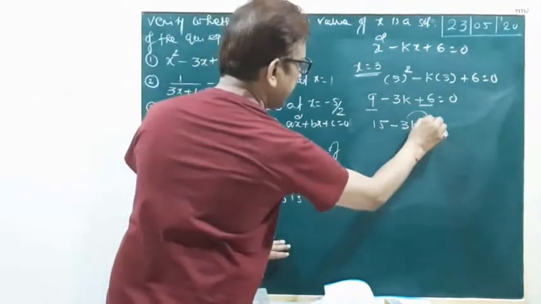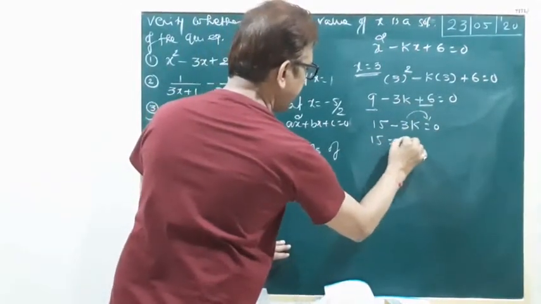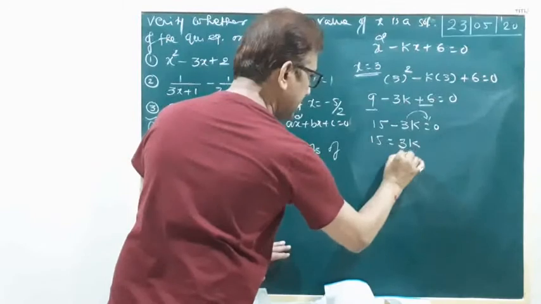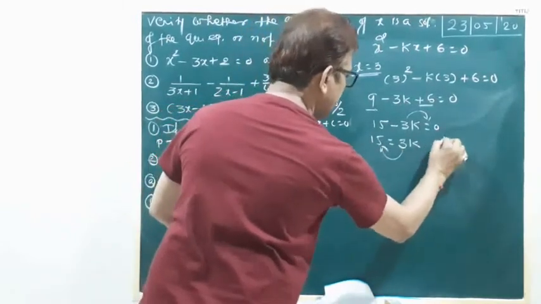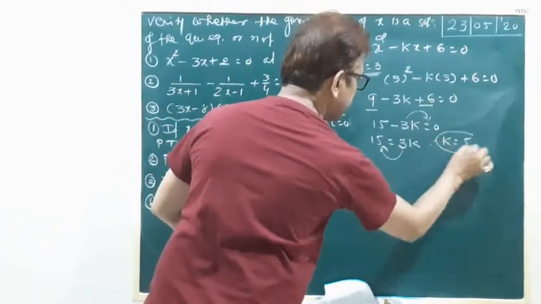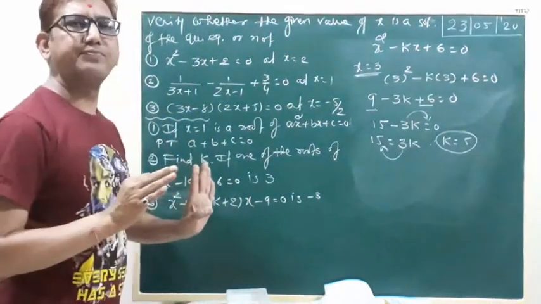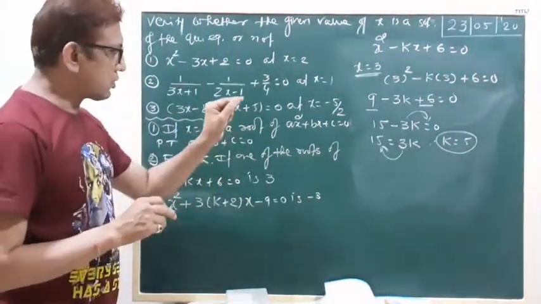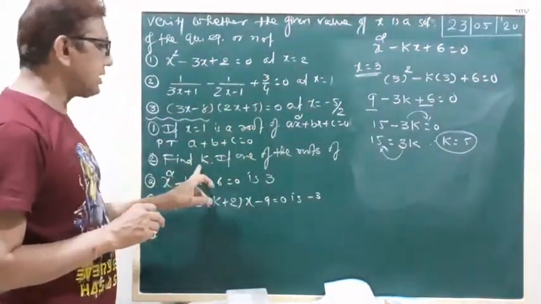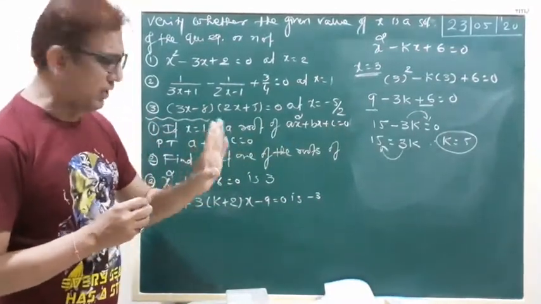Now 3k goes to the right side, so 15 equal to 3k. Divide by 3, so k equal to 5, since 3 fives are 15. Clear? So k equal to 5. Find k, so the answer is k equal to 5.